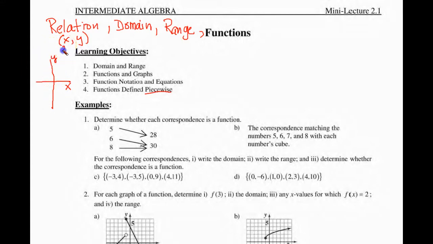If the ordered pair was, let's say, 2, 3, then you would go over 2 and you would go up 3, and this would be the point, 2, 3.